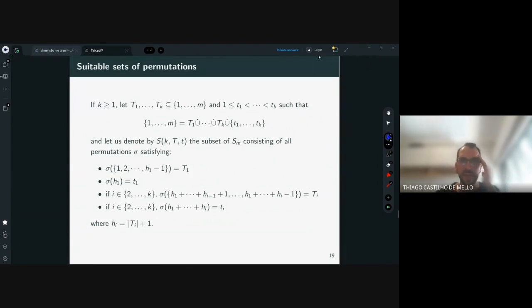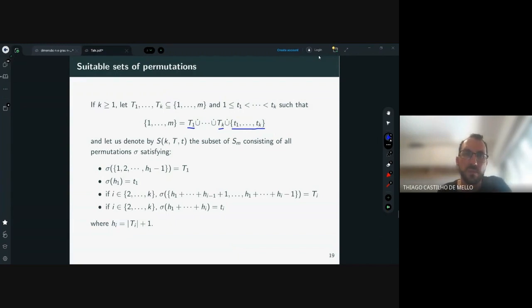It's a little bit technical, but I will try to explain. What are we doing here? So we are considering a polynomial in m variables, 1 to m, and we are going to partition this set this way. We fix an integer k, and we consider k disjoint subsets here, and another subset here, which we denote this way.